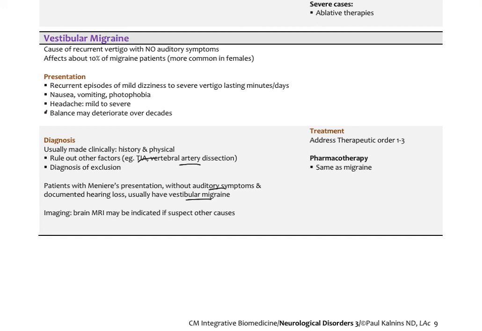In imaging, brain MRI is, of course, going to be indicated if we suspect other causes like stroke or tumor, vestibular schwannoma, etc. The treatment would be, again, levels 1 through 3, kind of our typical migraine treatments, and pharmacotherapy would be the same as migraine, triptan drugs, and so forth. So those would be the most common causes of vertigo.